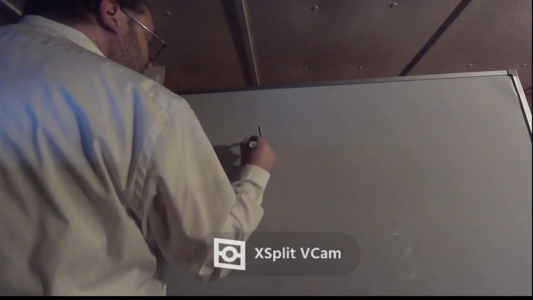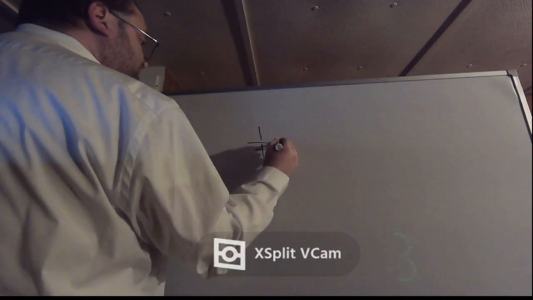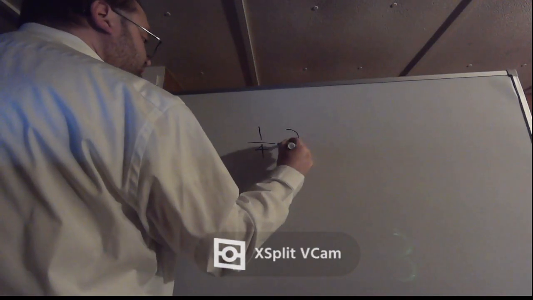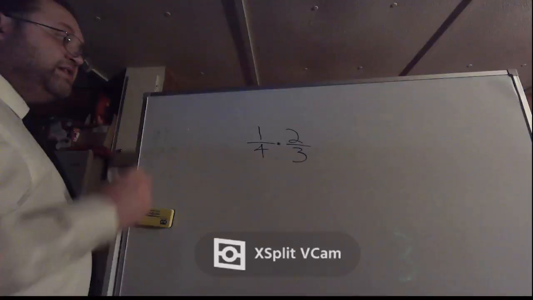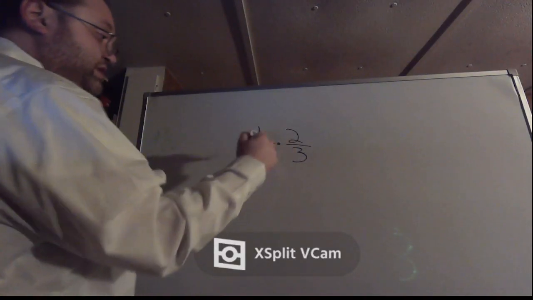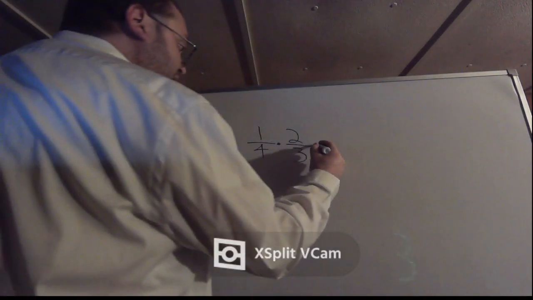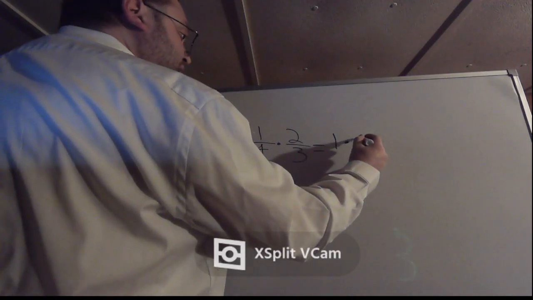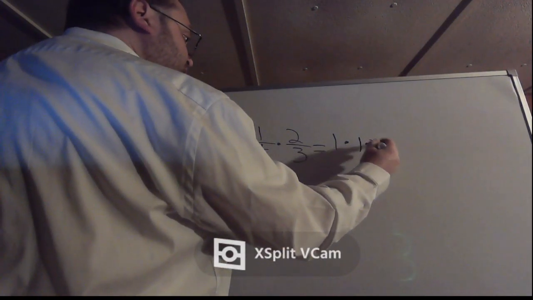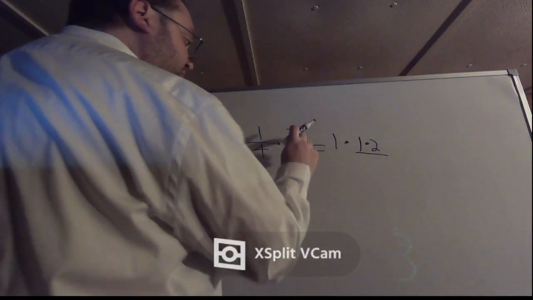1/4 times 2/3. So another problem like it. You have 1/4 times 2/3. Well, we can factor out between 2 and 4. We could definitely factor out. So you'll have 1 times... Then you can have 1 times 2 for the 2 here.